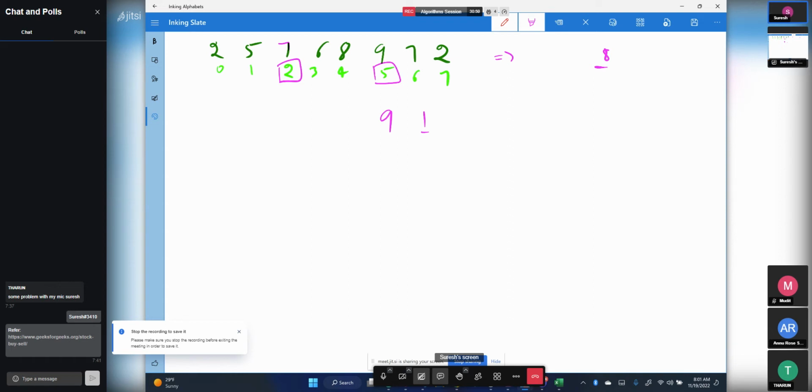What could be the answer? 2 and 9 maybe. 2 and 9. What will the max profit be? Let me see also other cases. So what is the max profit in this situation?